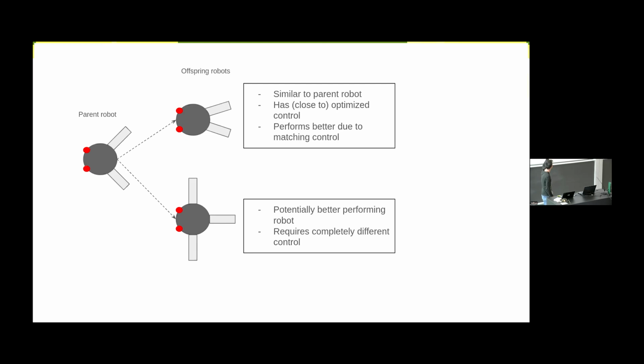And let's say that the bottom robot is potentially better than the first offspring robot. It requires a completely different control. So in this case, it would be discarded because it's not performing as well as the first robot. And this is how early stagnation will happen, because it will keep picking robots that are similar to robots that are already existing, because it is closer to the control.